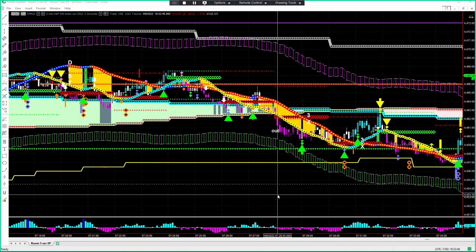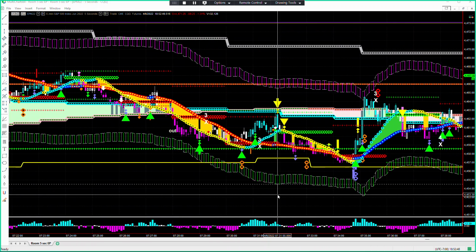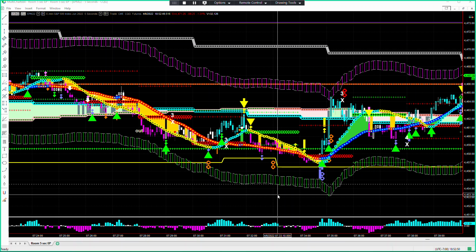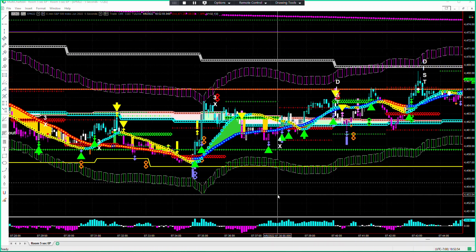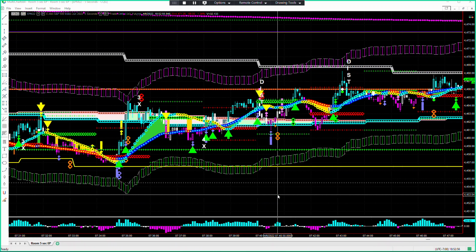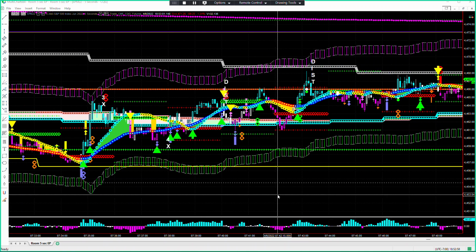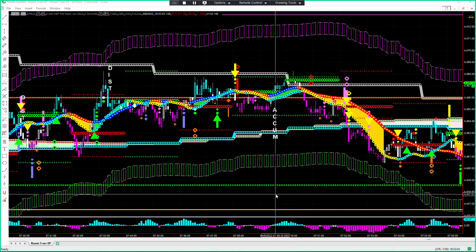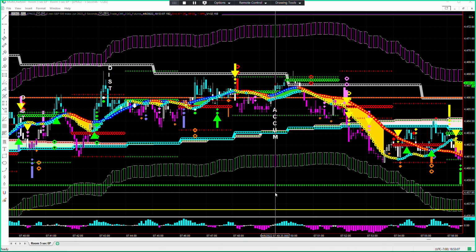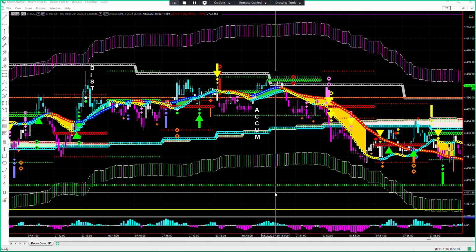So let's see, kind of going through, trying to find my arrows that I've done this on. I was certainly trying not to go long. Surely I must be missing some trades.